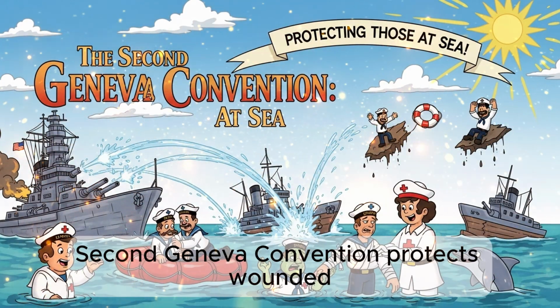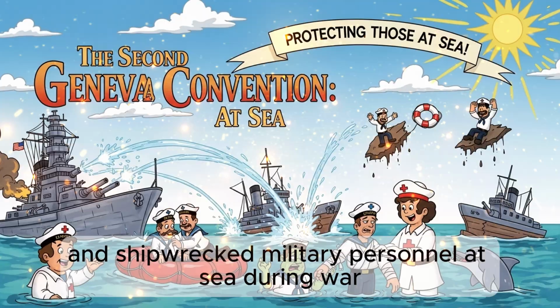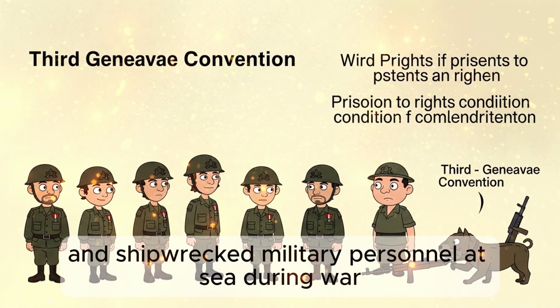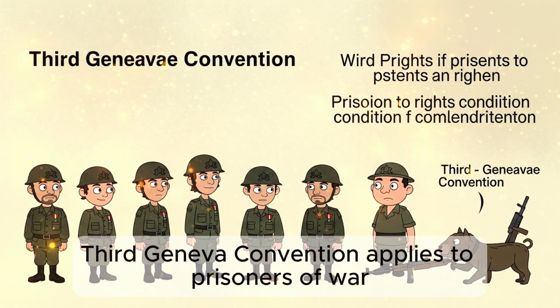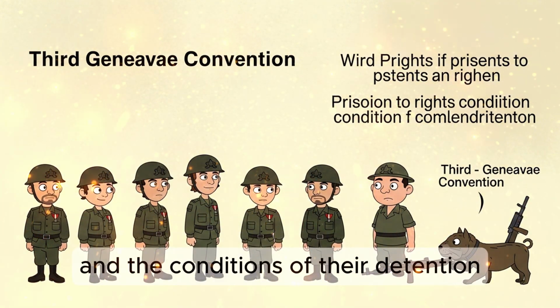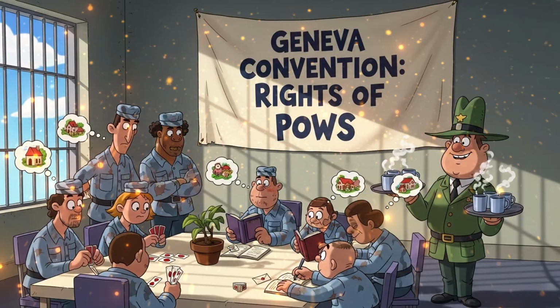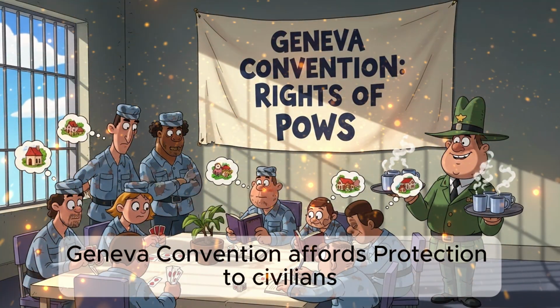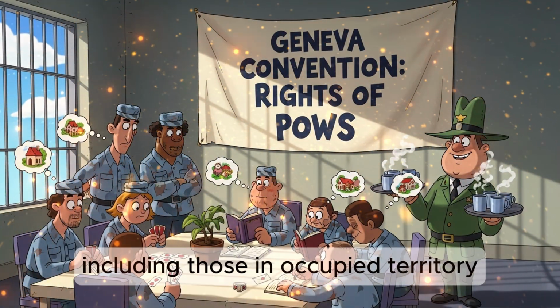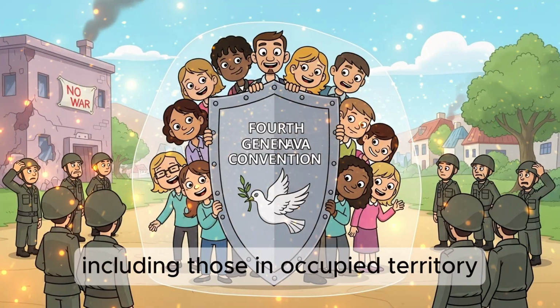Second Geneva Convention protects wounded, sick, and shipwrecked military personnel at sea during war. Third Geneva Convention applies to prisoners of war, outlining their rights and the conditions of their detention. Fourth Geneva Convention affords protection to civilians, including those in occupied territory.